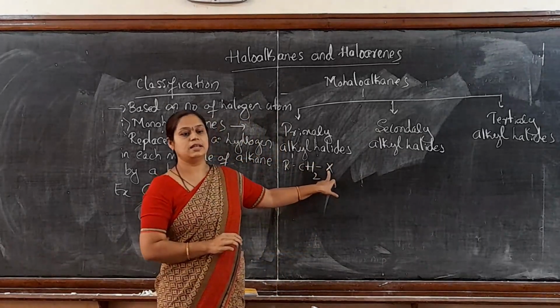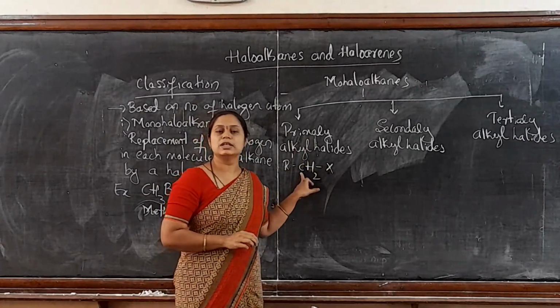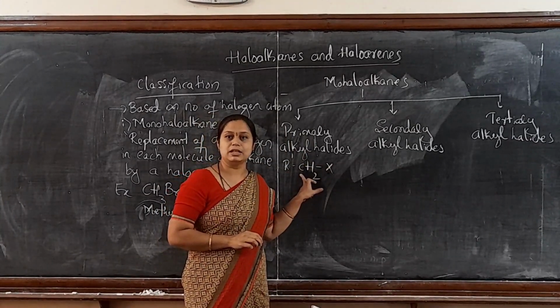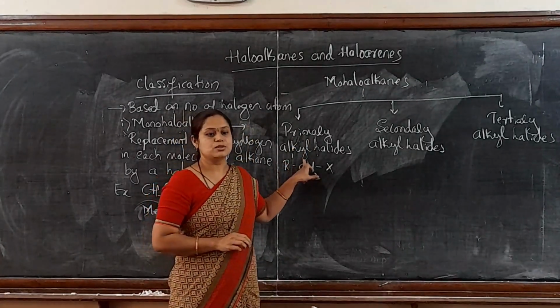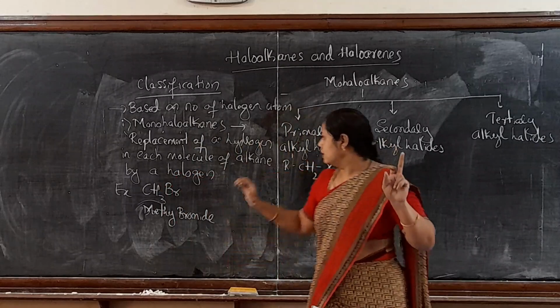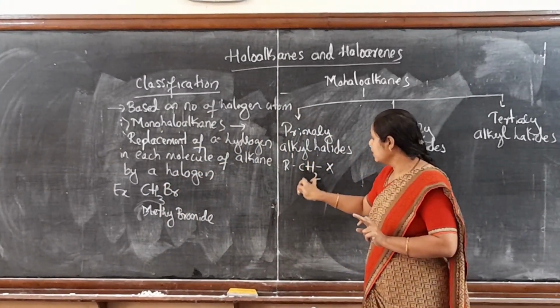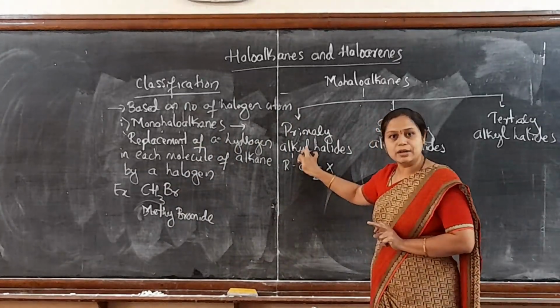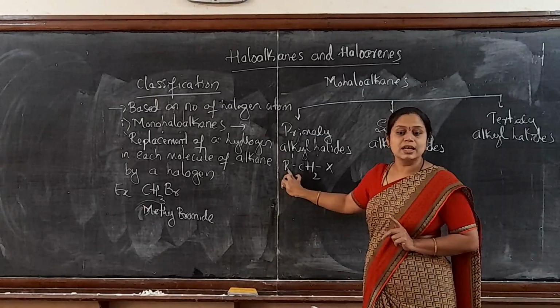Here you can see the halogen atom is attached to the primary carbon. How will you come to know it is a primary carbon? The halogen is attached to the carbon which has two hydrogen atoms and is attached to a single carbon.